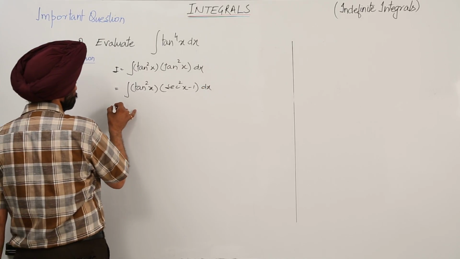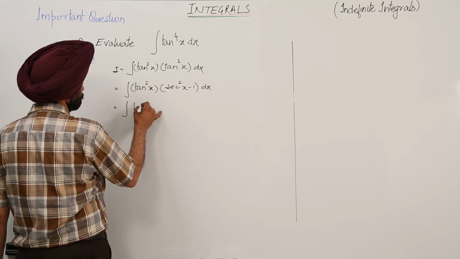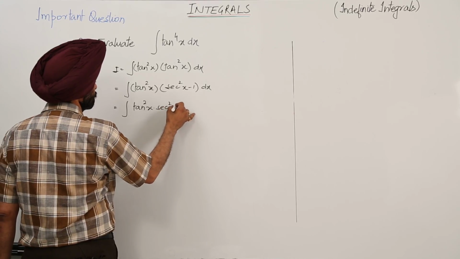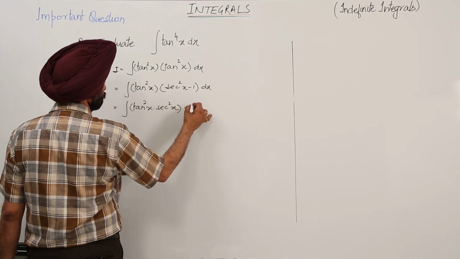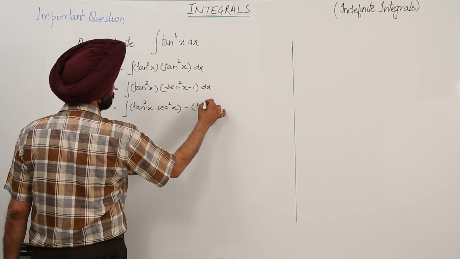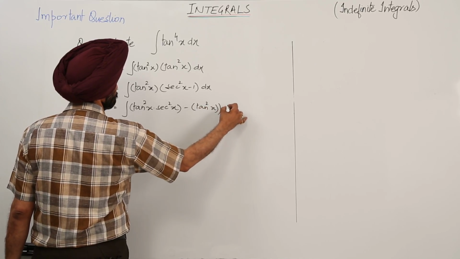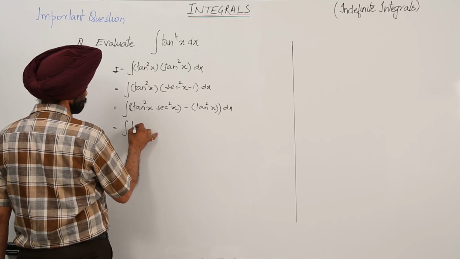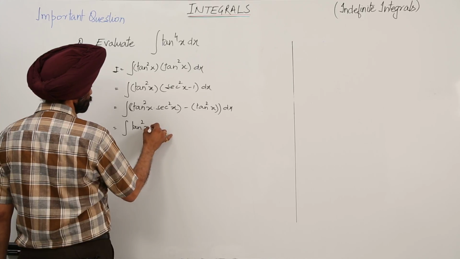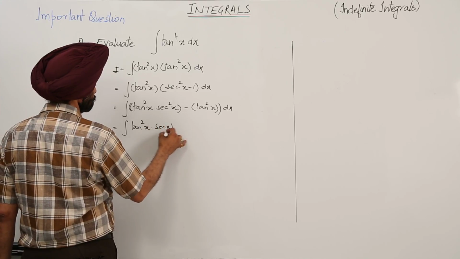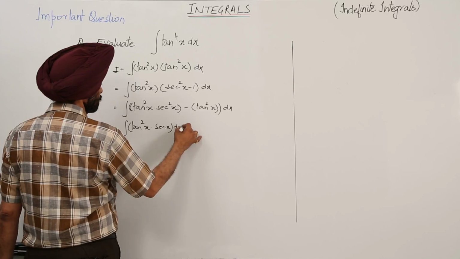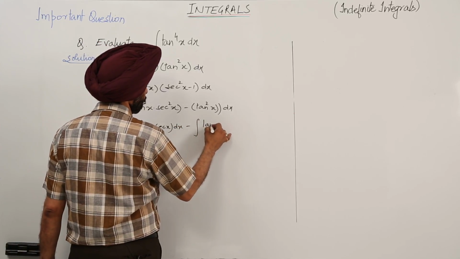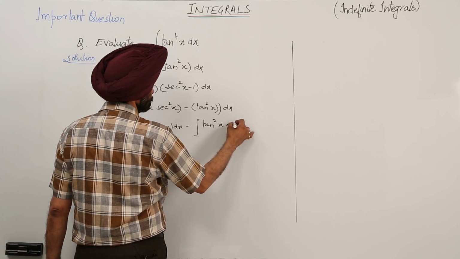Okay. Now this becomes tan square x with secant square x one term minus tan square x dx. Tan square x secant square x dx minus integration of tan square x dx.